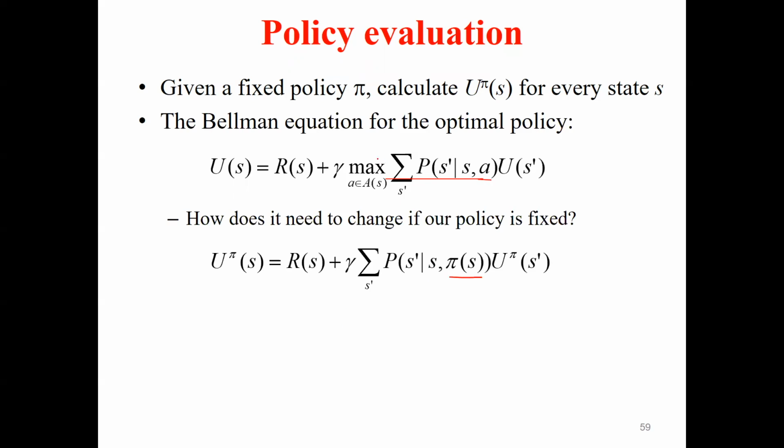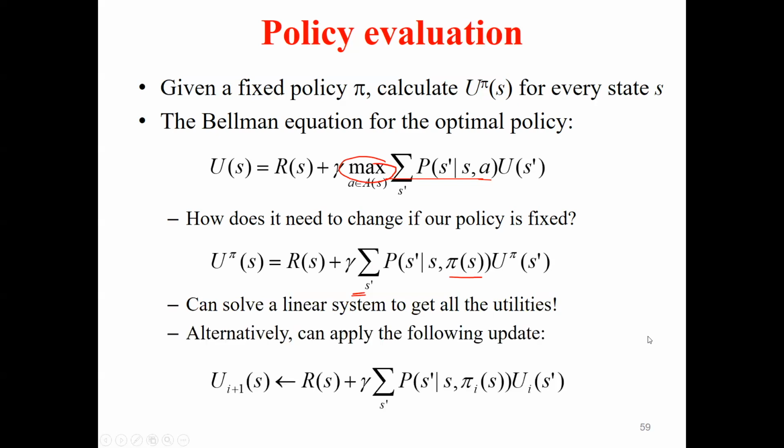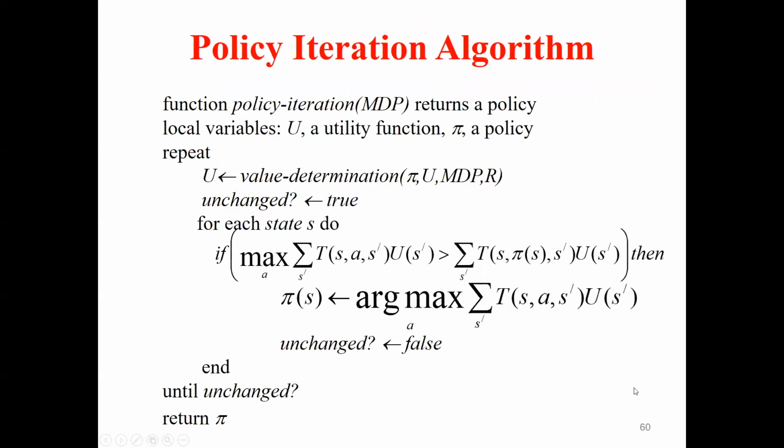So this max term is gone. See over here, do not worry about it because we already know the action. So this can be easily solved since it forms a linear system of equations. And then accordingly you can update the policy in the next iteration. So this is the policy iteration algorithm.